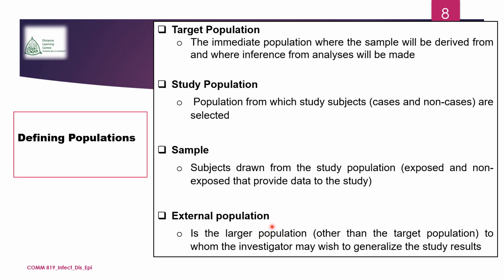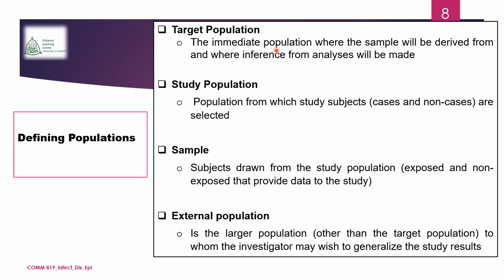Absolutely not. So Nigeria as a whole becomes our external population, but our target population, that is within the 270 million people, the particular disease you are interested in. Maybe the people that have developed that disease.